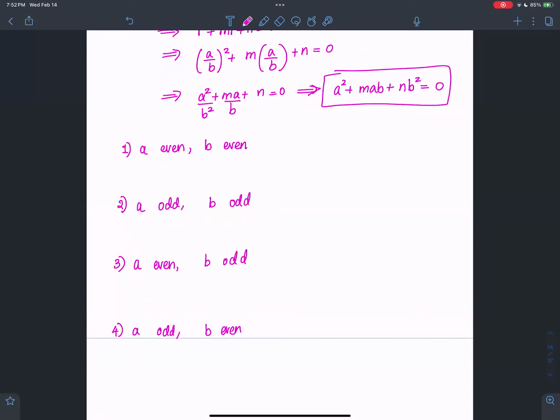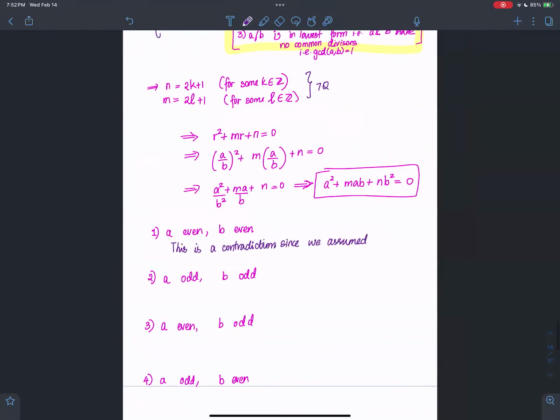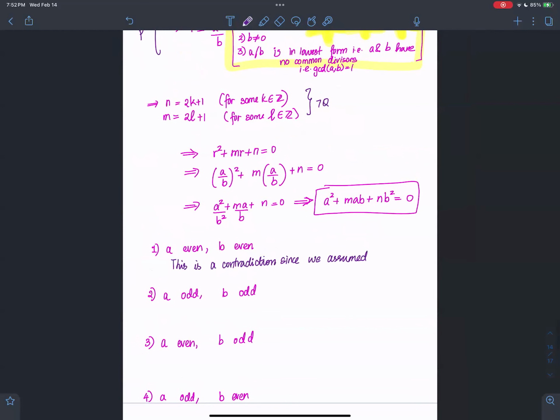So what's the issue if A and B are both even? Why is this a contradiction? Please look at our assumption.